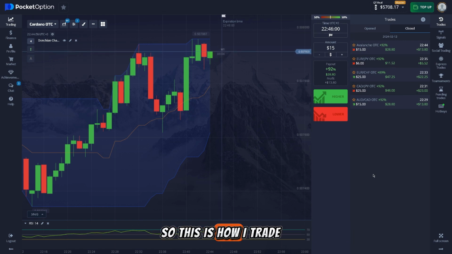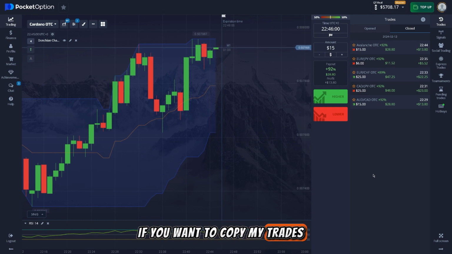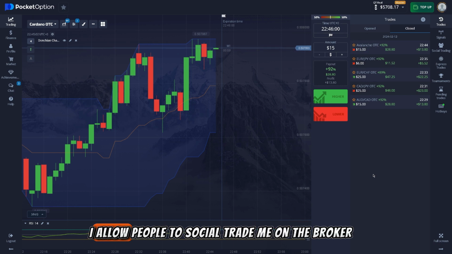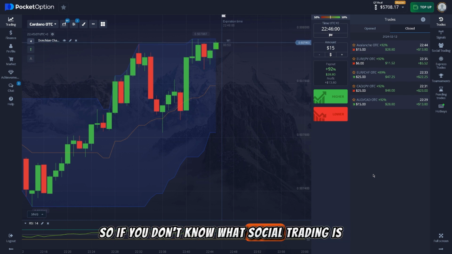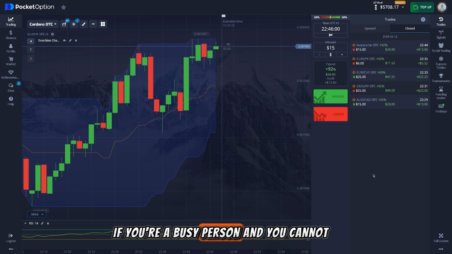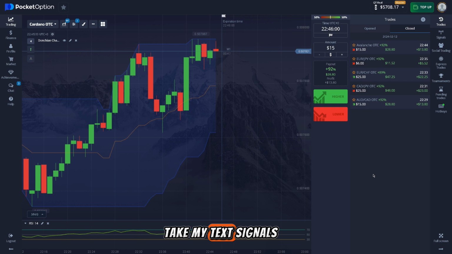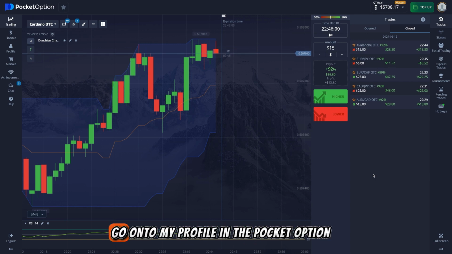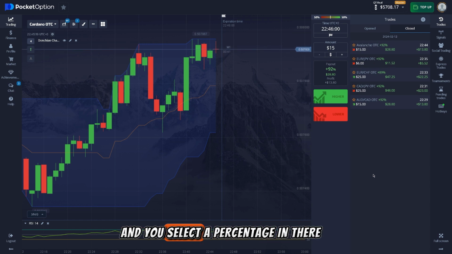So this is how I trade. And by the way, guys, if you want to copy my trades, you can also do that. I allow people to social trade me on the broker. Social trading is for when you're a busy person and cannot take my text signals: you just go onto my profile in Pocket Option, click copy trades, and select your percentage.